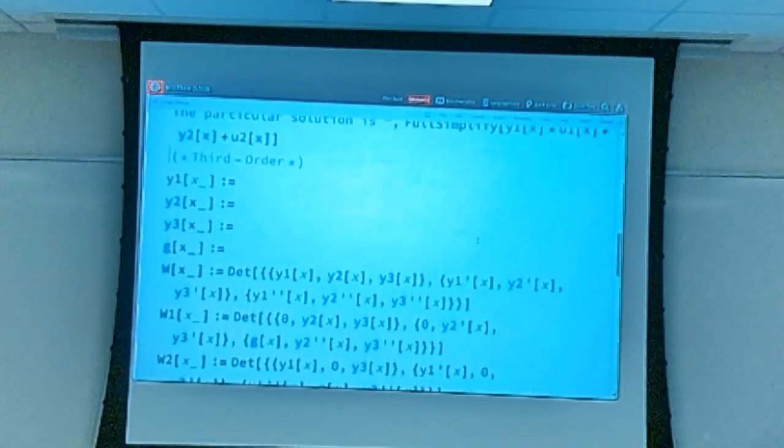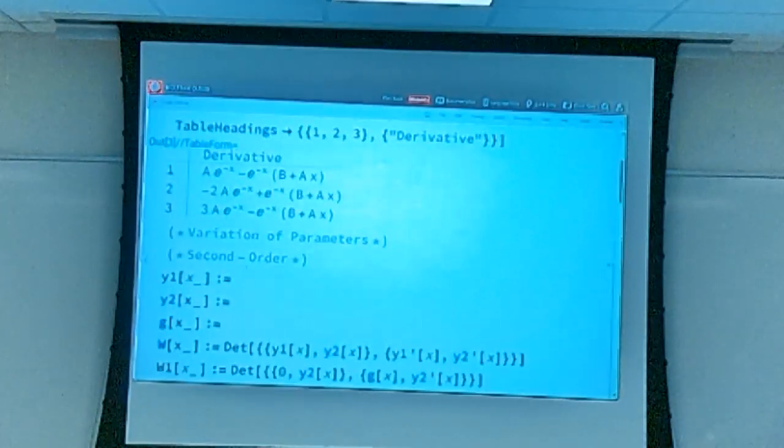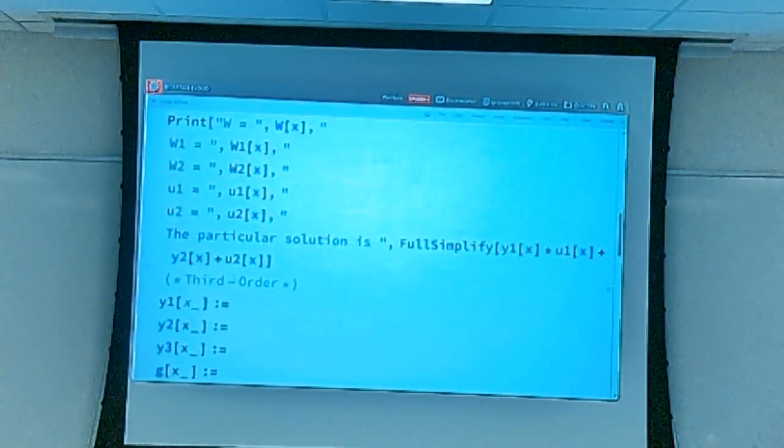So I've already written the outline of the code. By the way, for those of you unfamiliar, this just indicates the comment, not part of code, much like you can leave comments in any coding language.